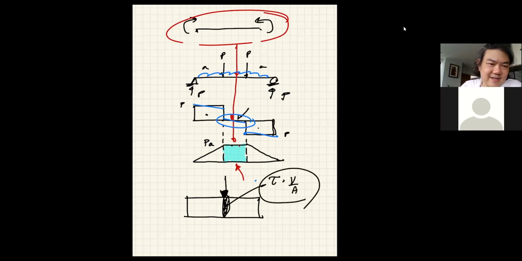Is there such thing as pure shear? How can you fail one material completely by shear? The answer is no. Unless you cut it with a very sharp Japanese samurai sword, and you apply the force so fast that it just cuts through in a millisecond.